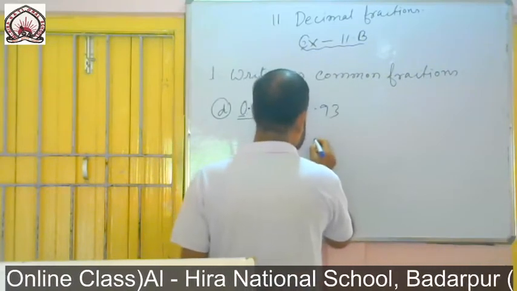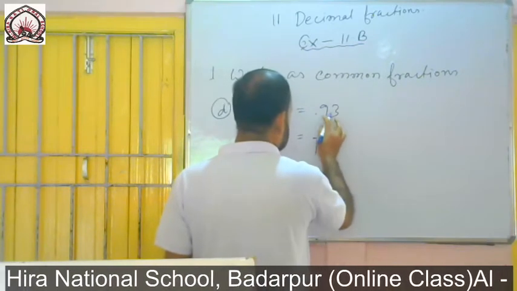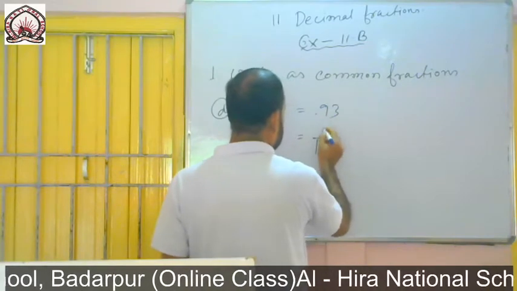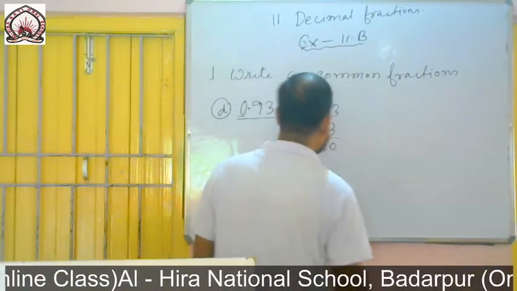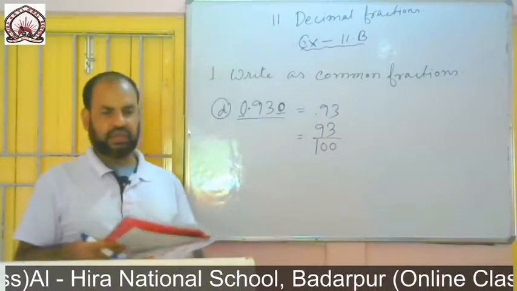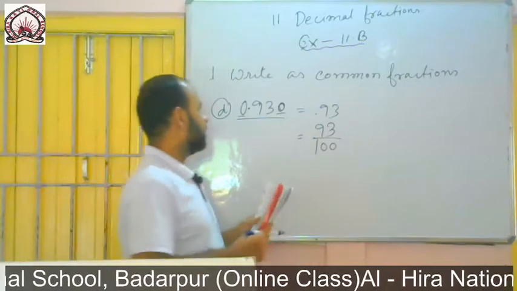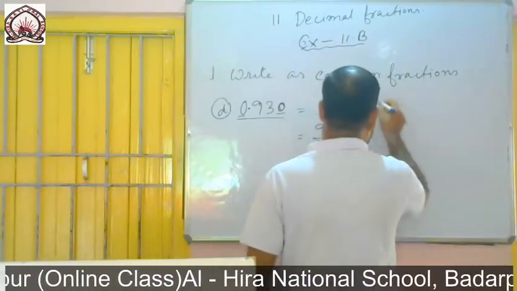Now the answer: in place of the point we give 1 and 2 zeros, as there are 2 digits, and without the point we write 93. So the answer is 93 by 100. Next, question number E.